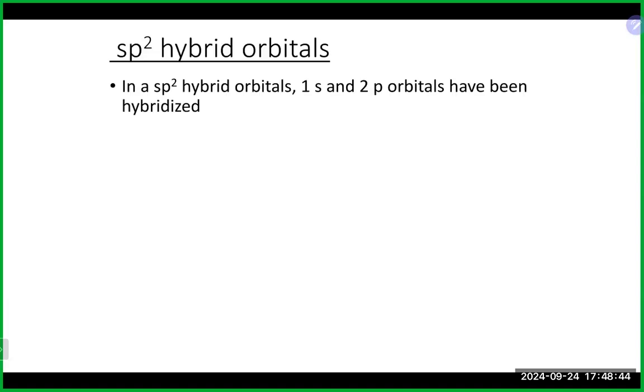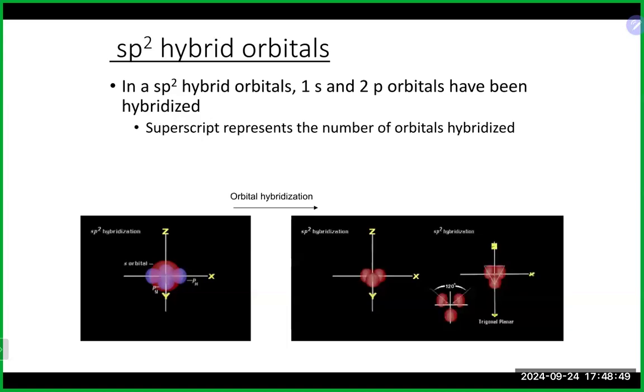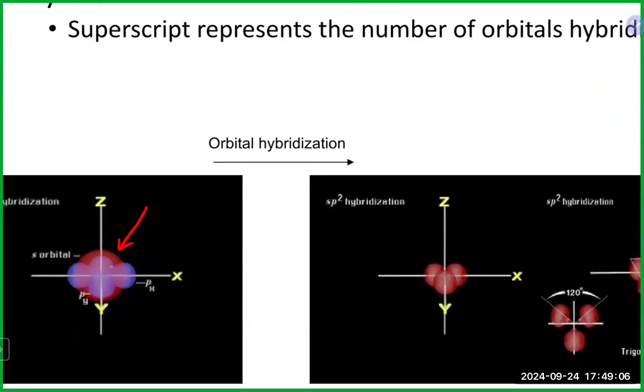The next hybrid orbital that we have is an sp2 hybrid orbital. And much like the name implies, here we're going to be taking two of the p orbitals and combining them together with the s to make our hybrid orbitals. Once again, if you look here, there is our s orbital, and we have a p orbital coming through here.